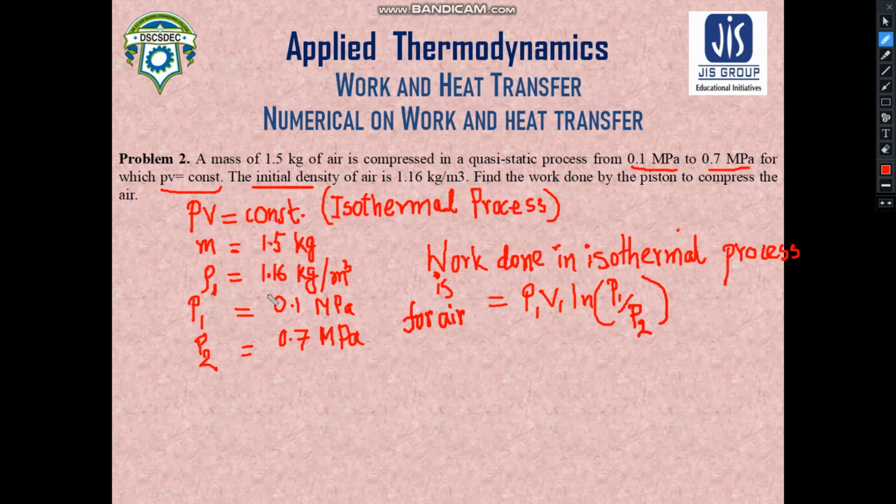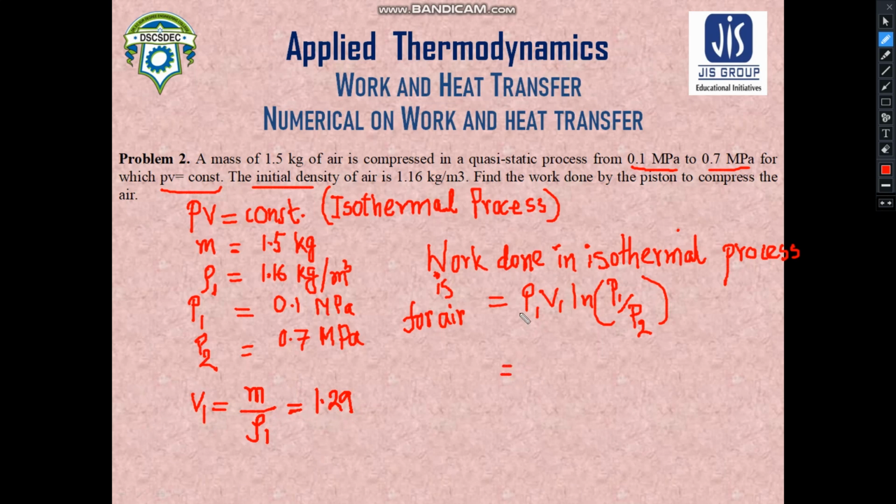So rho 1 is equal to 1.16. So the V1 value you will get is m by rho 1. Ultimately you will get a value of 1.29. That means 1.5 divided by 1.16 is 1.29. So this is your initial volume.